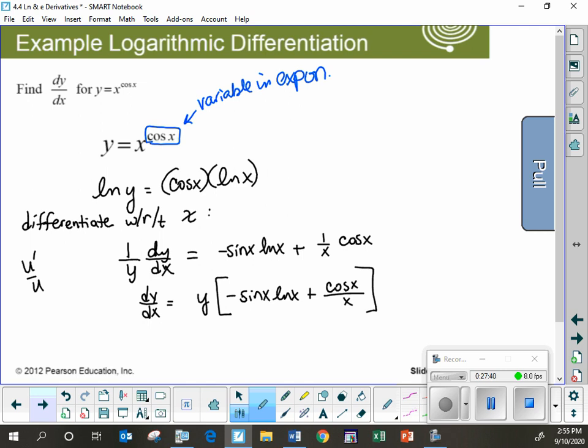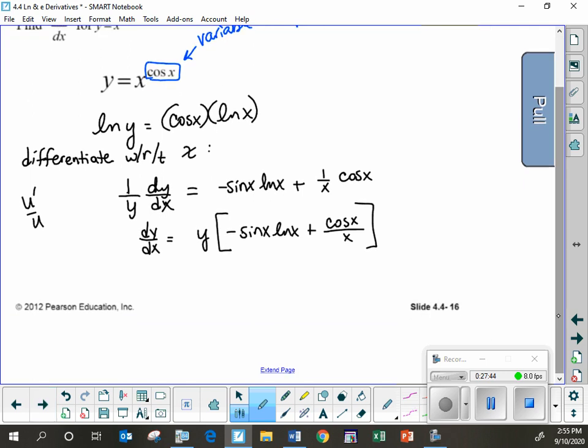If my equation or my derivative needed to be in terms of x, then what will I do? I will substitute for this. Substitute.